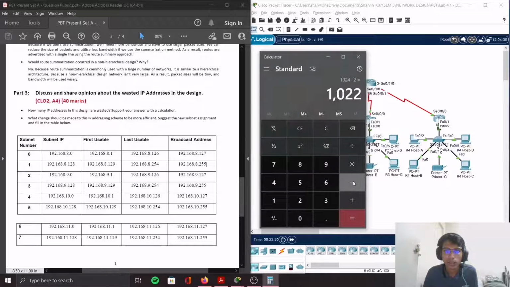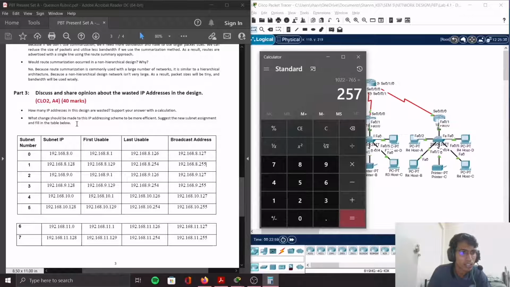So the balance is 1022. Then we subtract the IPs used in the subnets, which is 765, so we get a balance of 257 IPs. These are the wasted IPs in our design. We waste 257 IPs in our design. This is my calculation.